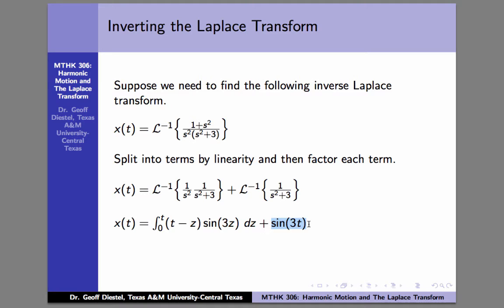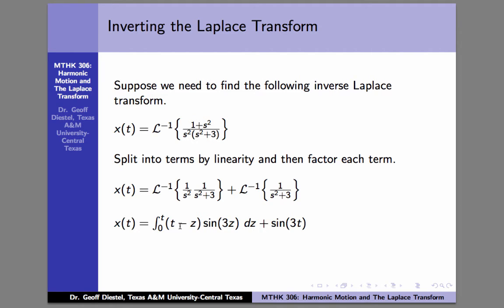So now what do I have to do? I have to compute the convolution for this first term, the convolution of the function t with the function sine of 3t. So I integrate from 0 to t. I plug t minus z into t, and I plug z into sine of 3t. It's just the definition of the convolution.